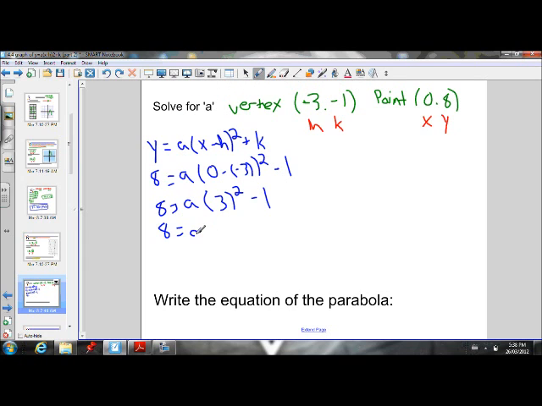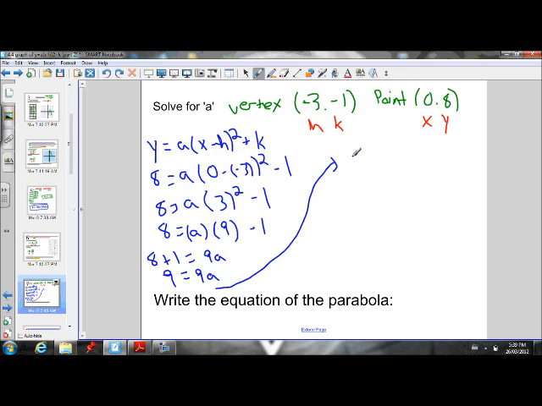So we have a times 9, minus 1. Okay, so let's move the 1 to the other side. So we'll have 8 + 1 = 9a. 9 = 9a.